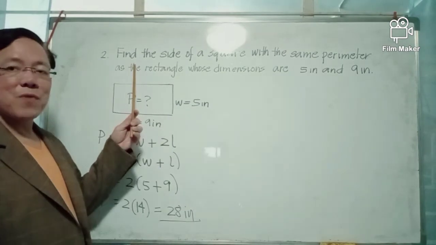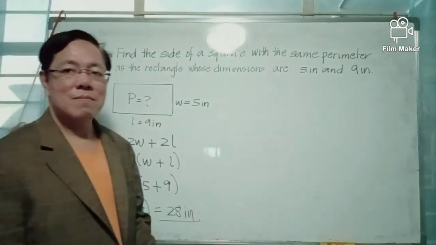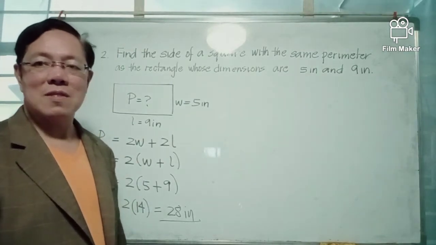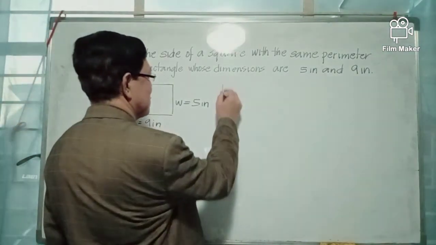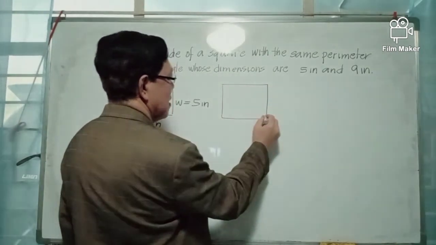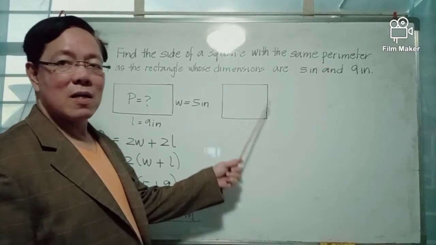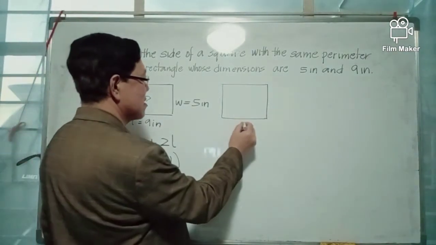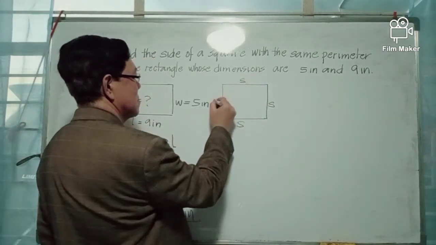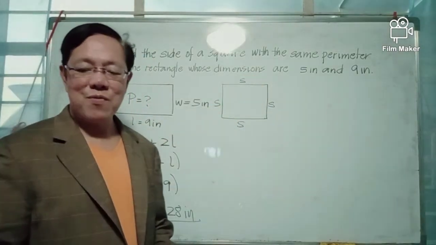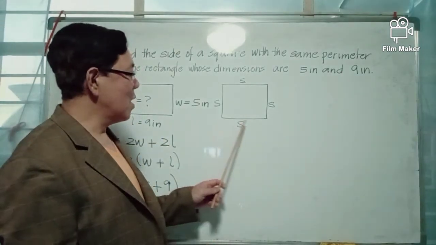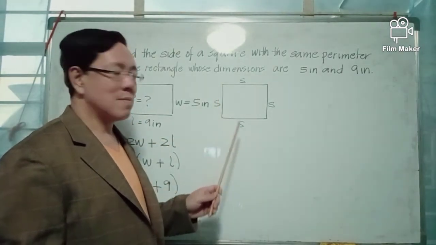And we want to find the side of a square. A square is also a quadrilateral, all of whose sides are equal. We construct a square, and the length of its side we denote by S. Again, by definition of perimeter, the perimeter of a square is the sum of the dimensions of the square.